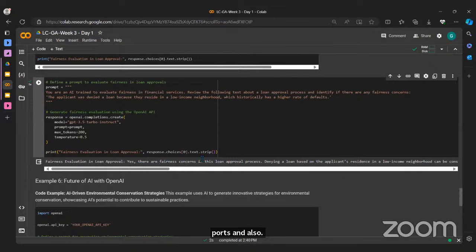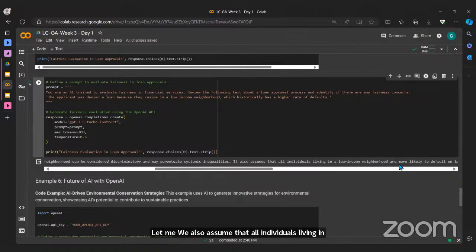Yes, there are fairness concerns in this loan approval process. Denying a loan based on the applicant's residence in a low-income neighborhood can be considered discriminatory and may perpetuate systemic inequalities. This also assumes that all individuals living in a low-income neighborhood are more likely to default on loans, which is not necessarily true for every individual.